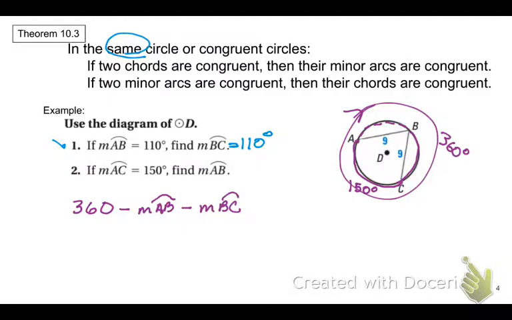Now, because the chords are congruent, the minor arcs are congruent, so this is actually 360 minus 2 times the measure of AB.